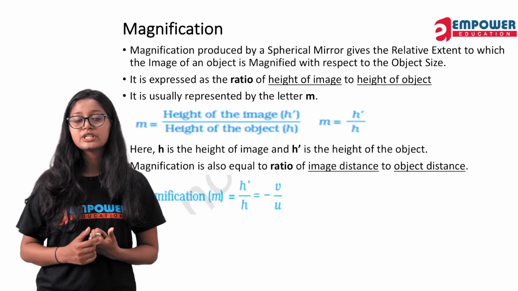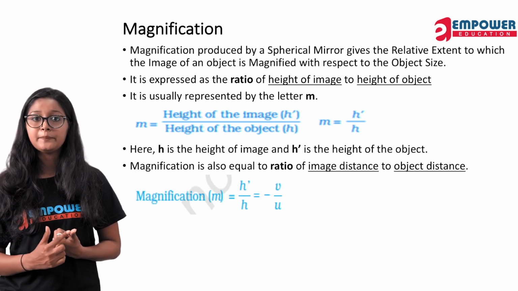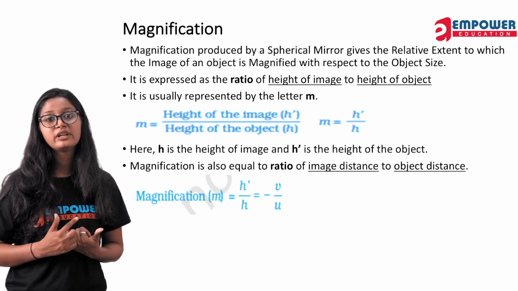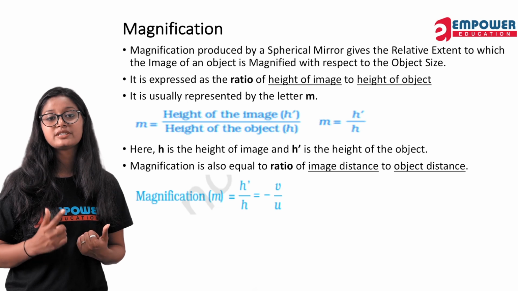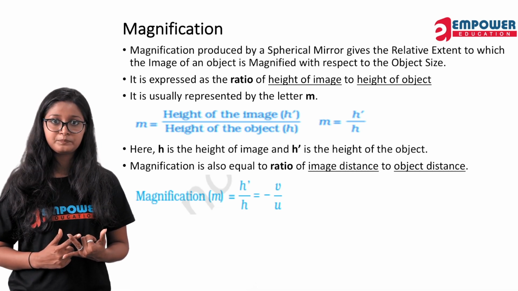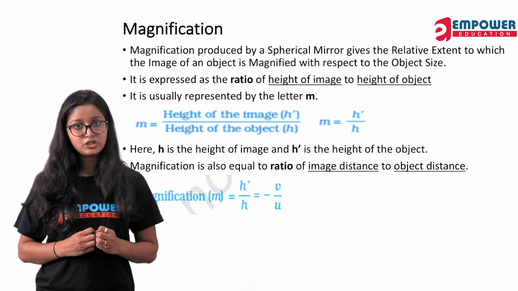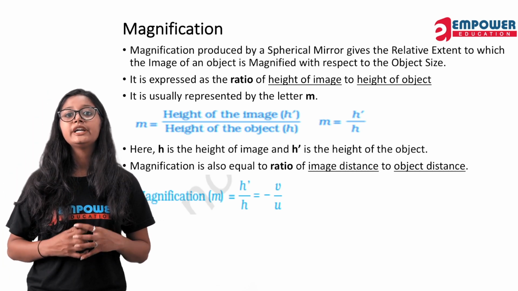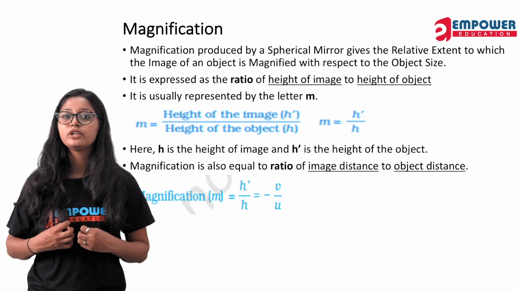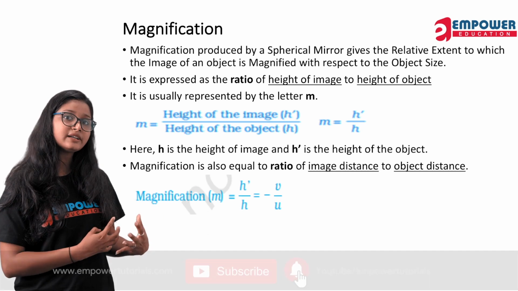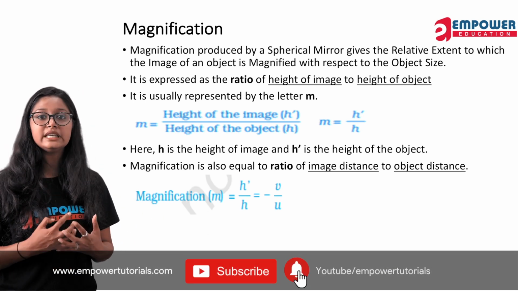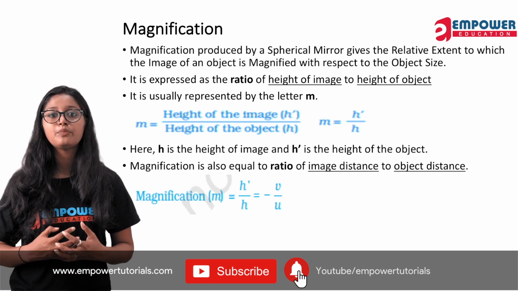So magnification is denoted by the letter m, and m = h'/h, where h' is the height of the image and h is the height of the object. Now this magnification can also be written in terms of the distance of the image and the distance of the object. In mathematical form, it can be written as m = -v/u.